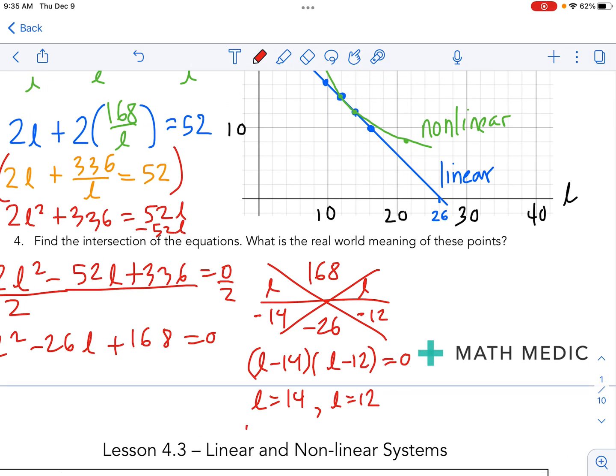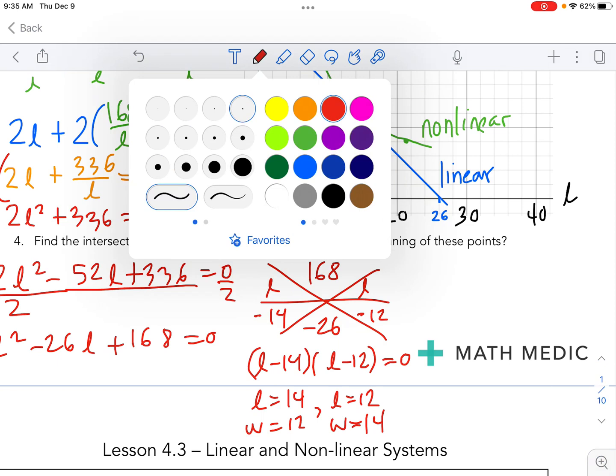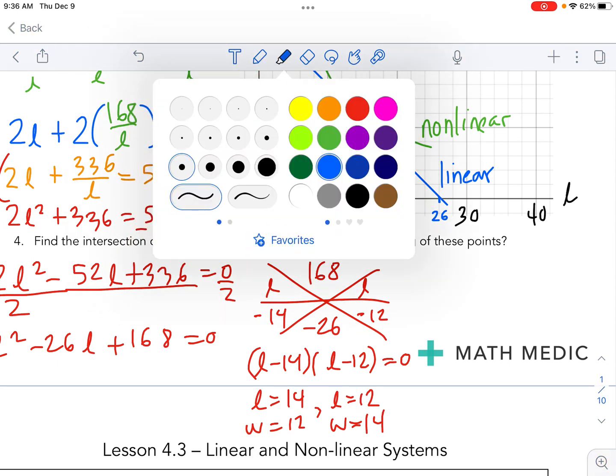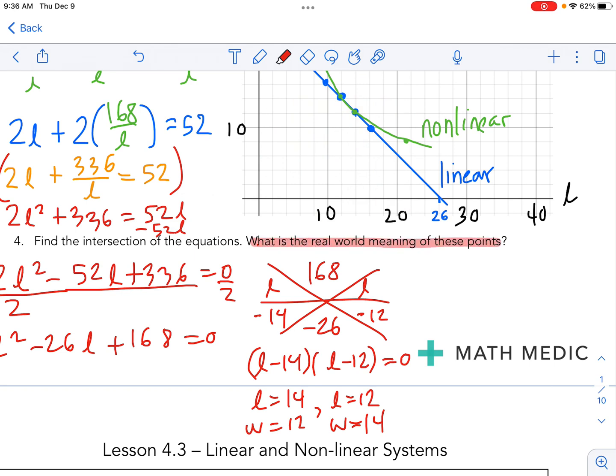Notice we get L is 2 values, so W has the possibility of being 2 values. So if L is 14, W is 12. And if L is 12, W is 14. They just flip-flop like that. So what is the real-world meaning for these points?